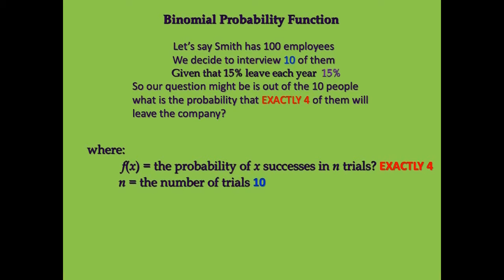It could be whatever we decided it to be, and we decided 10. P stands for the probability of success. And in this case, success is the person leaves the company. We know that there's 15%. What's the probability that out of the 10 people that we interview, what percentage are going to leave the company?